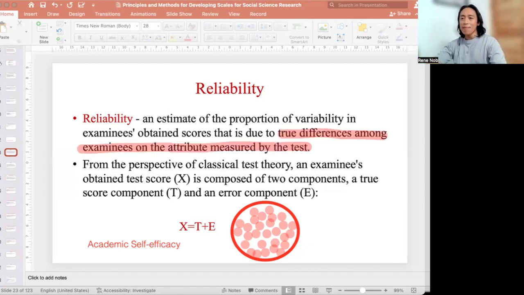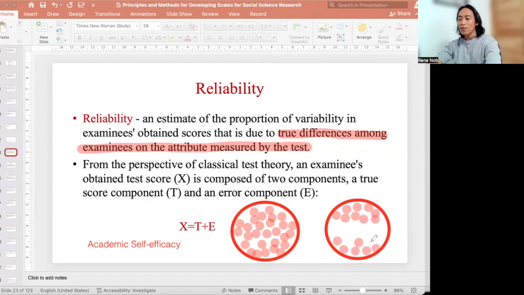Now, let's imagine that this group of participants who to begin with have variability in their true level of self-efficacy, let's imagine that they take an academic self-efficacy test. And so as we would imagine, as they're answering this, some would score high on self-efficacy and some would score low on self-efficacy.